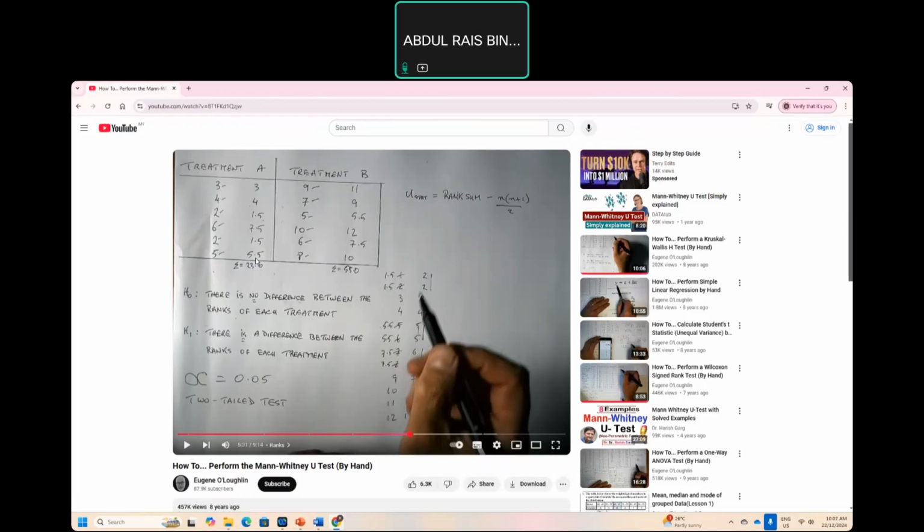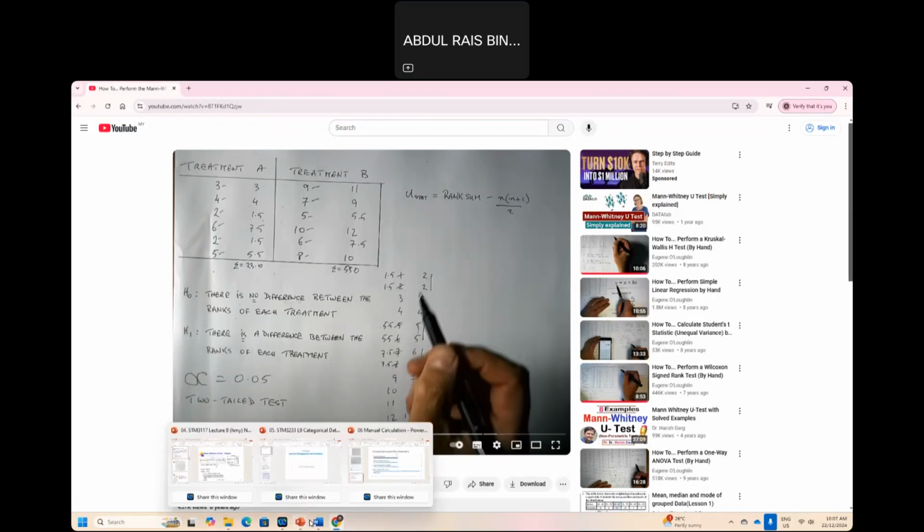Okay, and once you get this value, baru you isi the rank, sum rank value sini, and you dapatlah nilai sum of rank for each groups. Okay, meaning saya pergi balik ke slide.